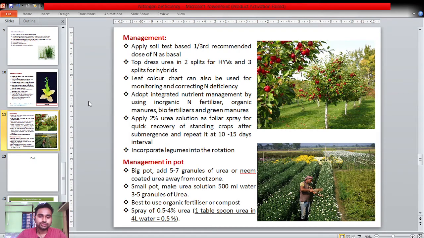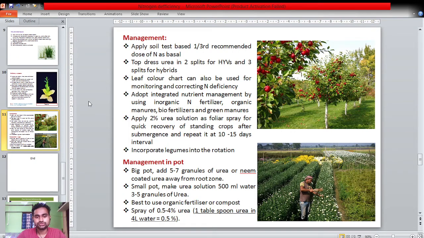And from these plants we can have some harvesting also. So this is helpful from an economic purpose, and it also helps to manage the soil nitrogen content. This management is applicable for farmers who have commercial cultivation practices for fruits and flowers. So they can follow this management practice.